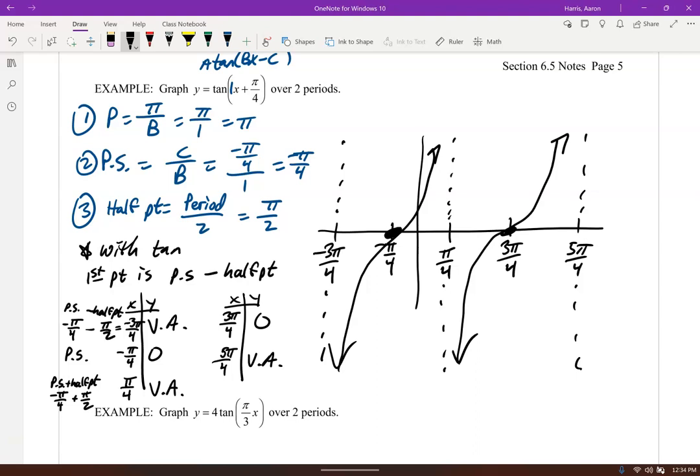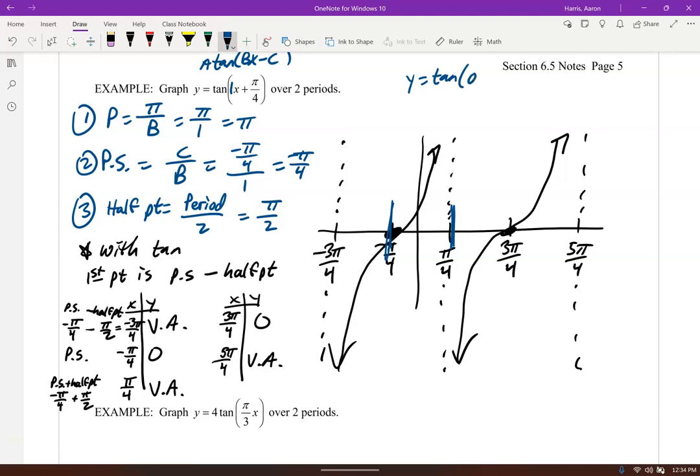So another really nice point to put in is right between negative pi fourths, right between here and here. Let's split the two. Split it between the intercept and the vertical asymptote. So throw 0 in. That's a good midpoint.